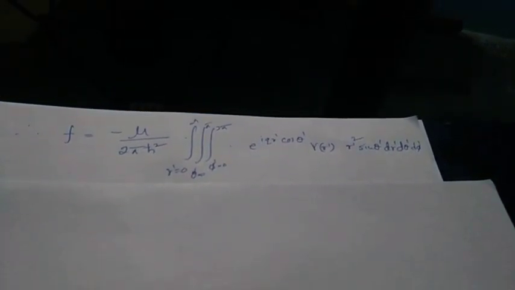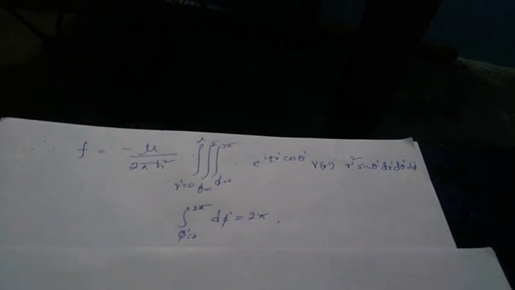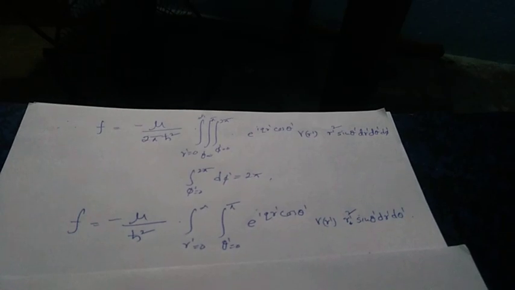And if you do the integral for φ', which is just 2π, then that 2π gets cancelled with this 2π in the denominator, so we have the integrals for θ' and then r'.